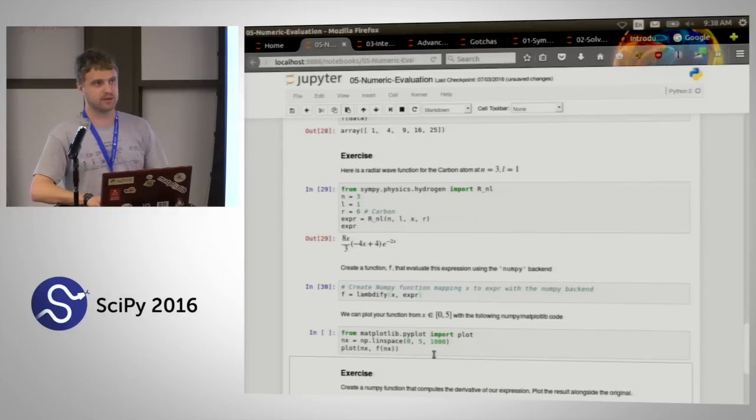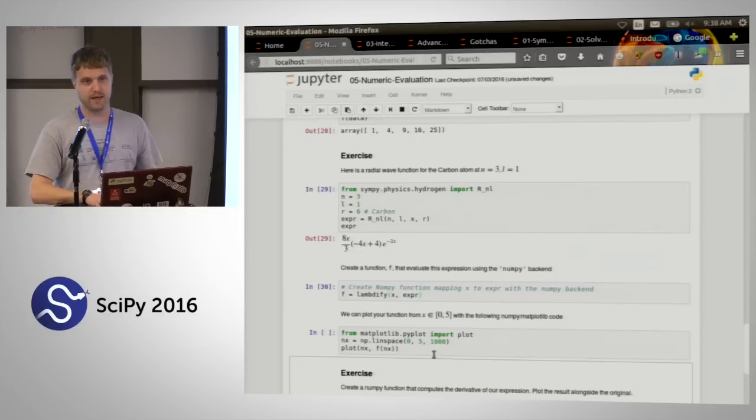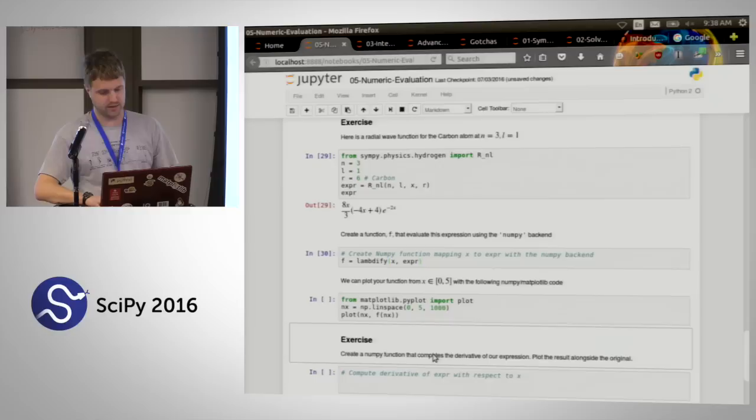Lambdify also supports some other modules like numexpr. I think you can use mpmath or the standard library math if you don't want to use NumPy. But for most people, NumPy is the preferred backend, so that's why it's the default.